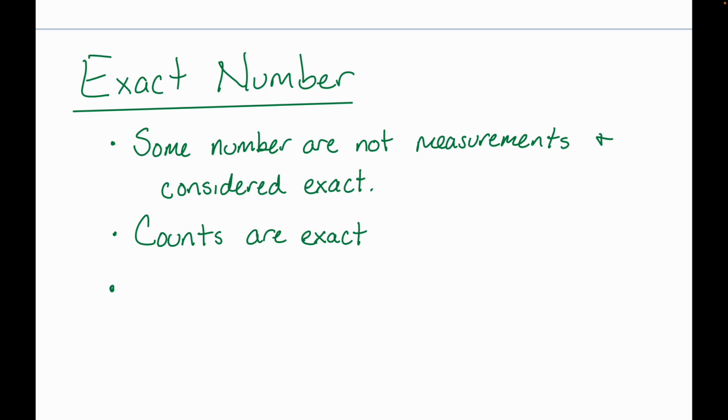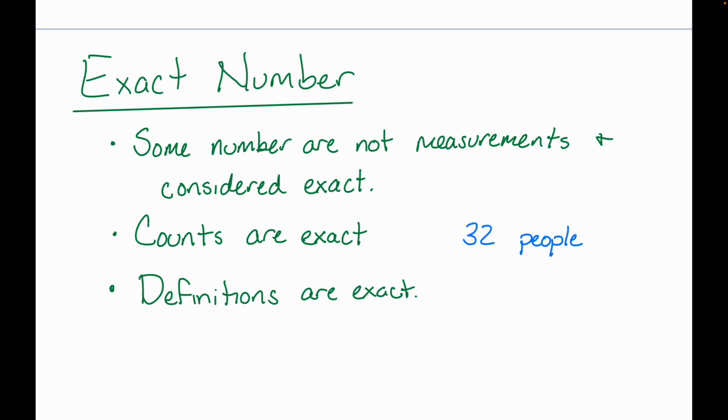All right, so what we would call definitions. Okay, so just to give examples, again, 32 people, that's an example of a count of an exact number, all right? But in terms of a definition, what do I mean by that?